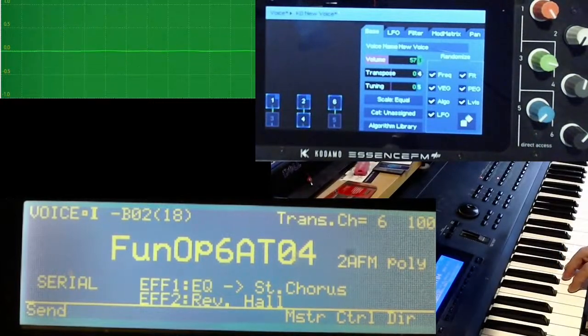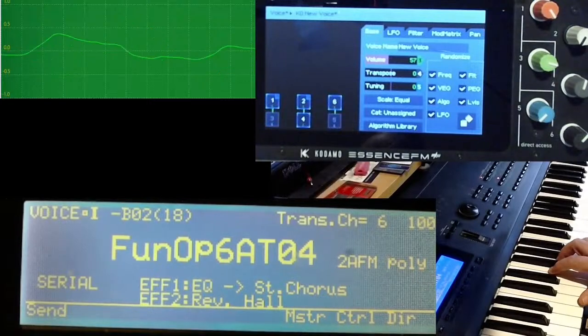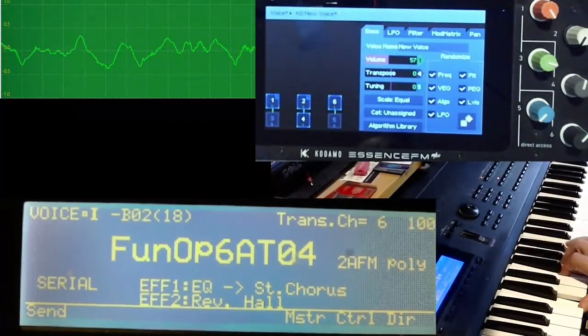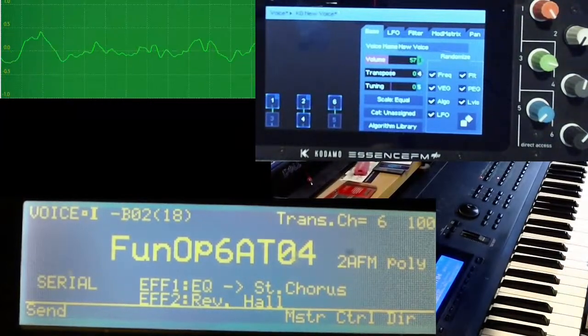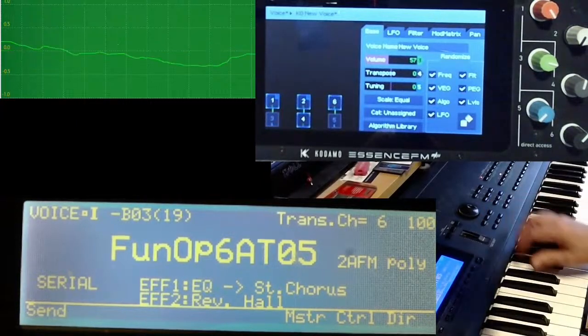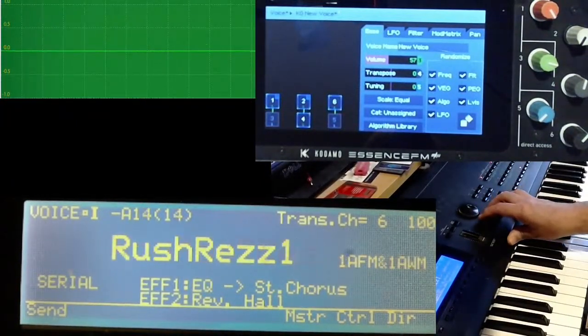The aftertouch brings in a fixed frequency operator so that you can bring in the grunge. There you go.